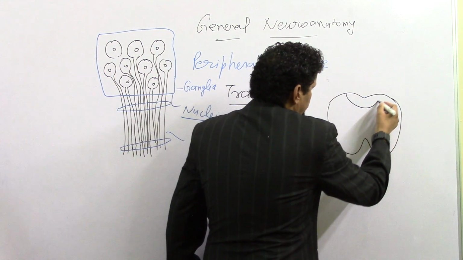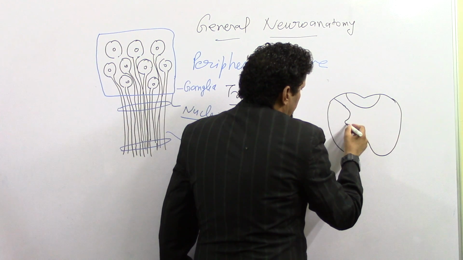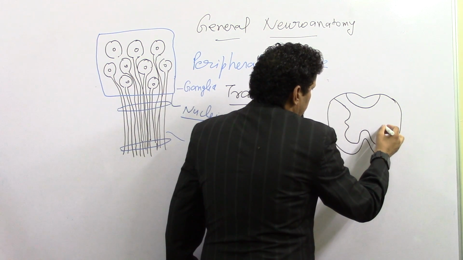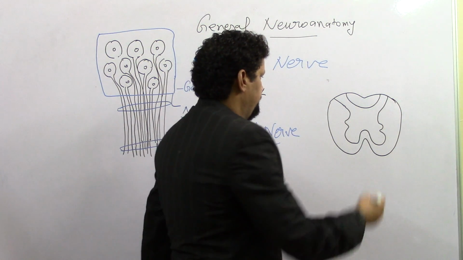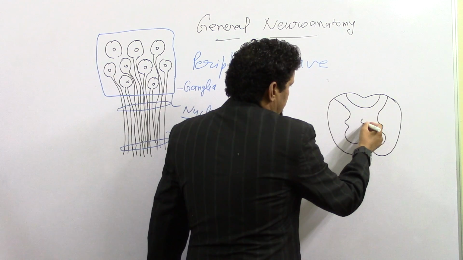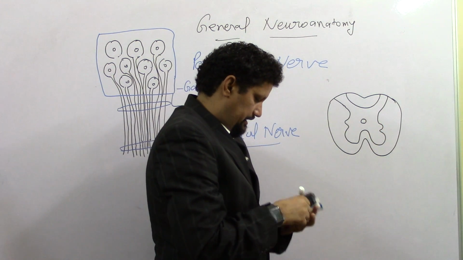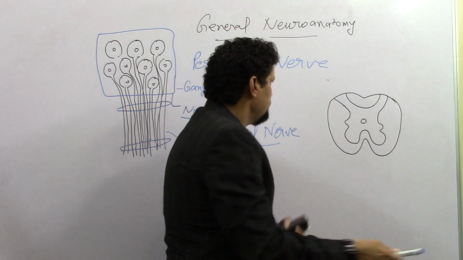Here is dorsal column. Here is dorsal horn, lateral horn, anterior horn or ventral horn, again lateral, and this is dorsal horn. Here is the central canal of the spinal cord, and here are different fasciculus or funiculi.